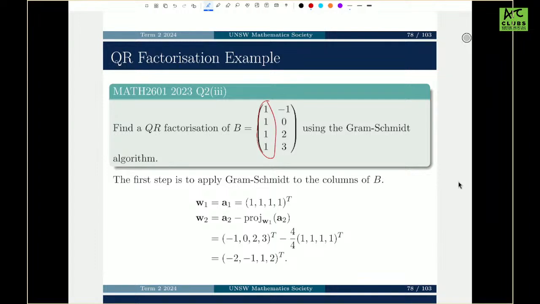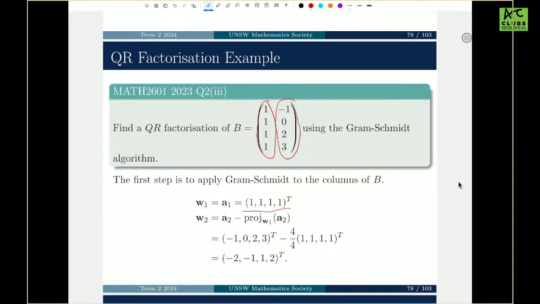By Gram-Schmidt, we'll just say that this is the first vector in our orthogonal basis, W1. Then, using the fact that A2 minus the projection of A2 onto W1 has to be orthogonal to W1, let W2 equal that. A2 is just what we get when we extract the second vector out of this. Now this is nice because these are all real numbers, so it's just a standard dot product.